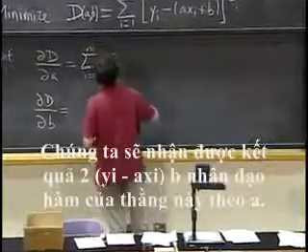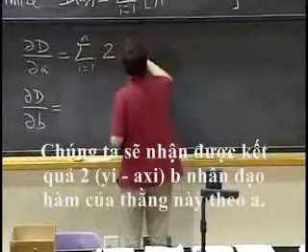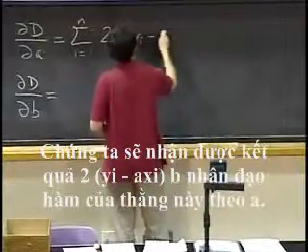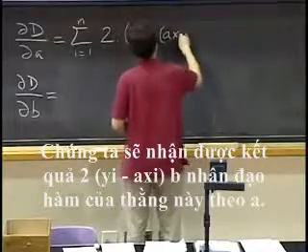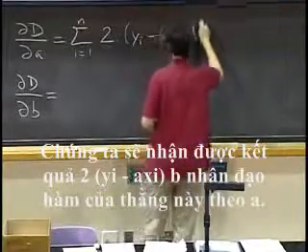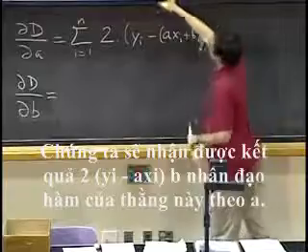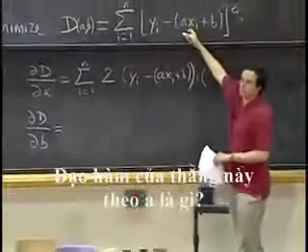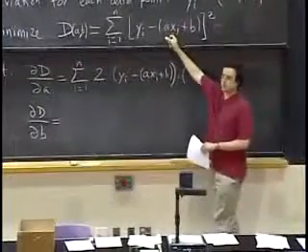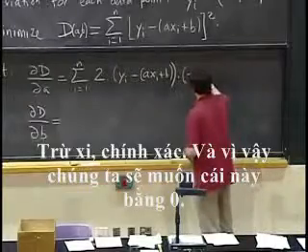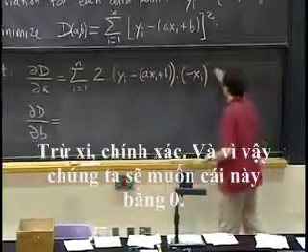So we'll get 2 times minus yi minus axi plus b times the derivative of this with respect to a. What's the derivative of this with respect to a? Negative xi, exactly. And so we'll want this to be 0.